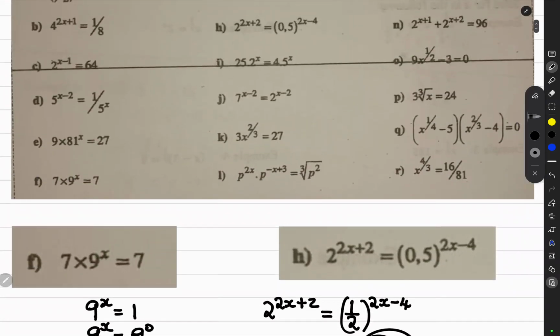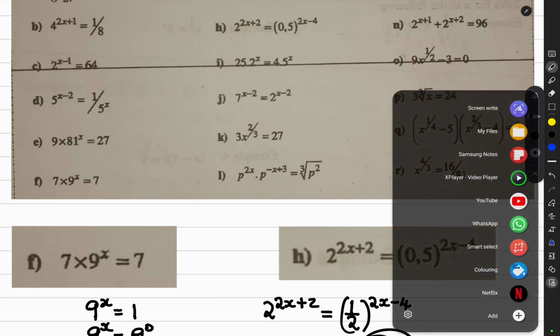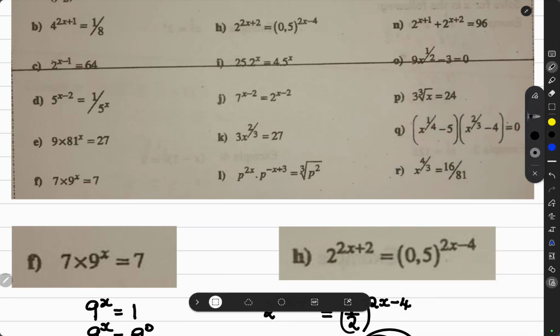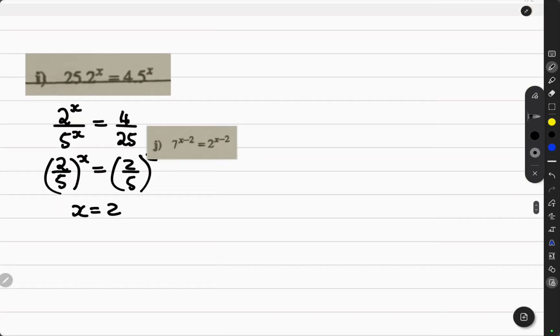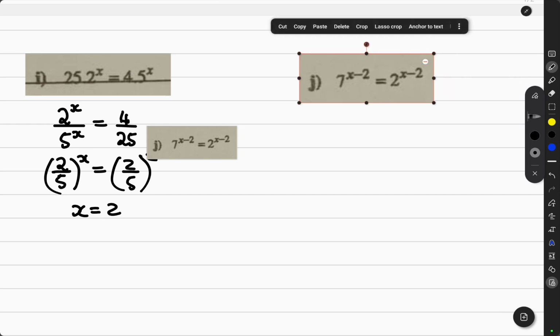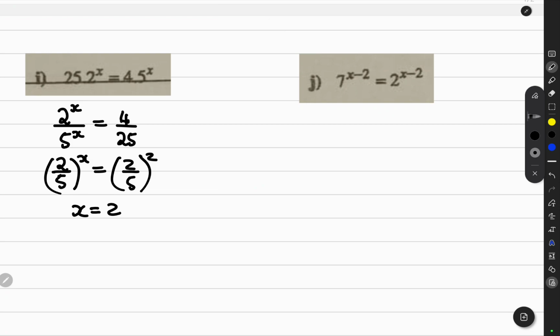Let's go and look at number 7. As for number 7, we'll firstly have to break down the exponents here.